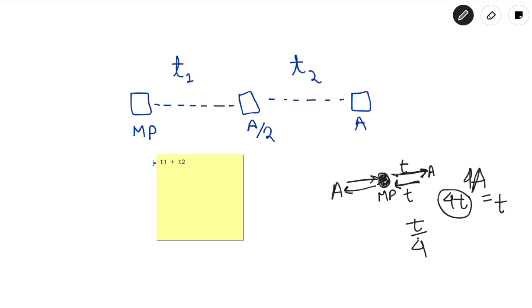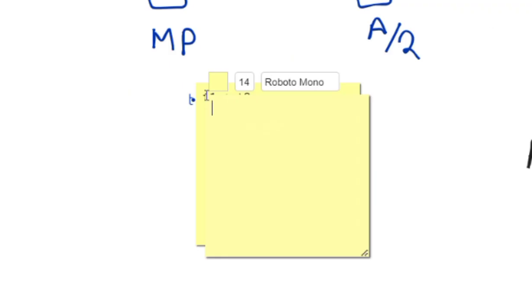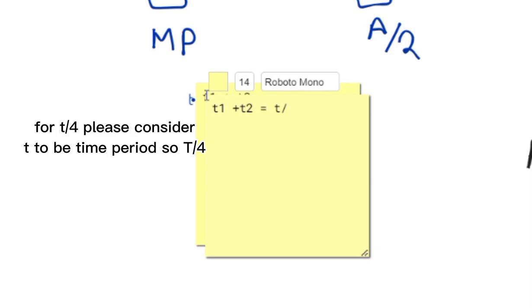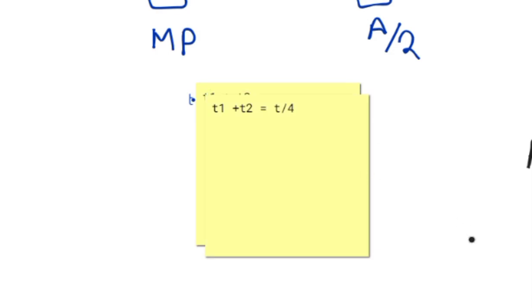If you consider the total time to be T instead of 4t, that means each of these intervals, like mean position to amplitude, has taken T by 4. I hope that was clear. T by 4.